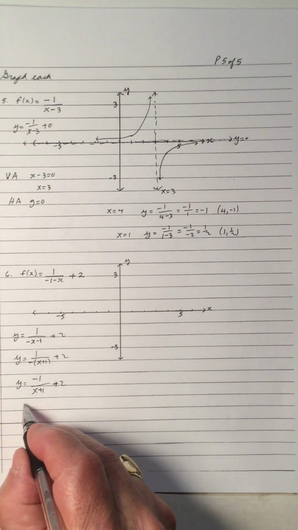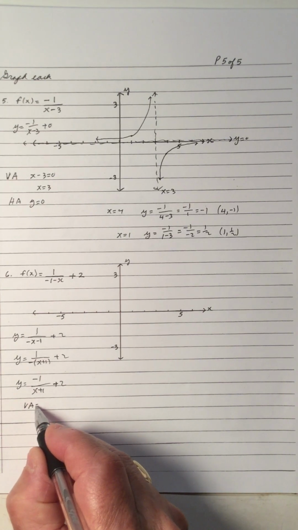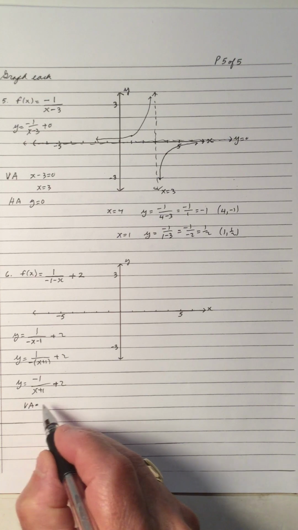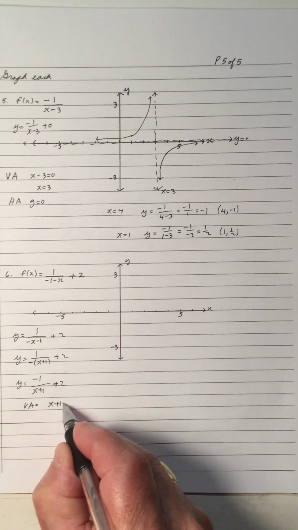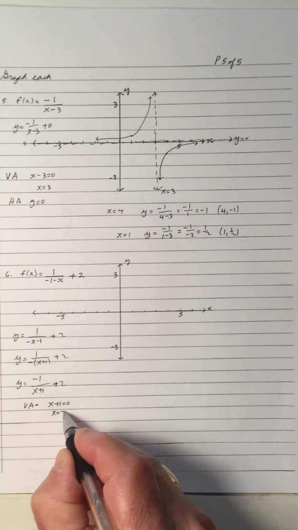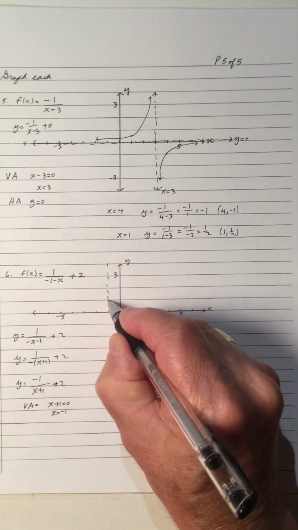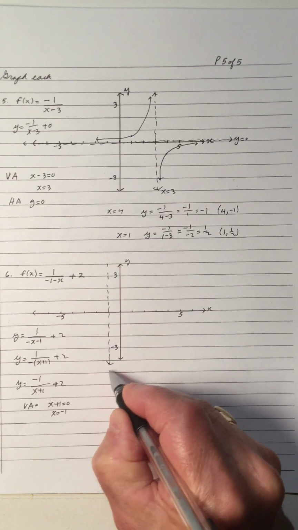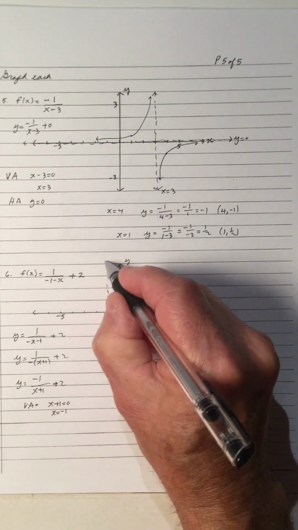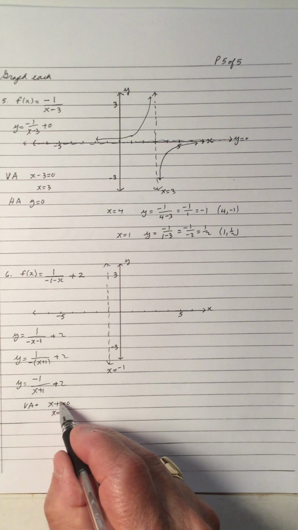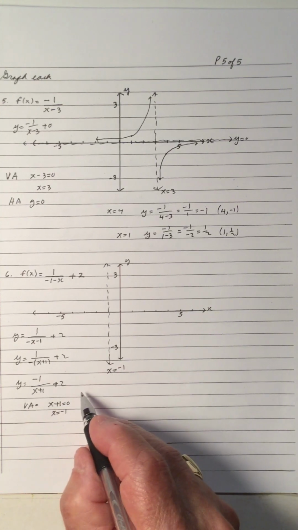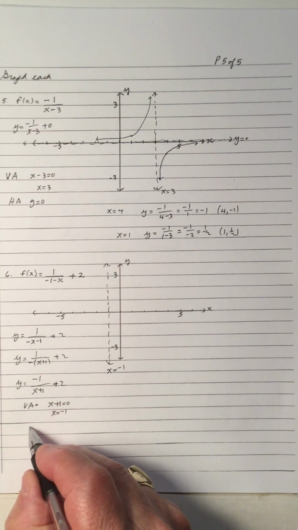Now we have a vertical asymptote here. The vertical asymptote is x plus 1 equals 0. So x is negative 1, vertical asymptote. And we have a horizontal asymptote.